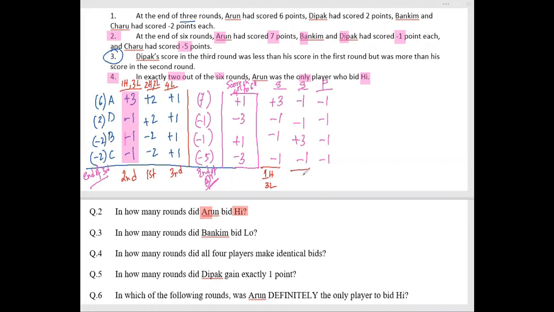This is the same, 1 high, 3 low. This all minus is actually all 4 high.